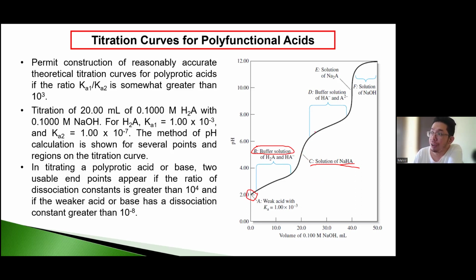And then after that, you'll have another buffer, wherein this time the components of your buffer will be HA- and the fully deprotonated conjugate base, which is A2-. And then you'll reach the second endpoint, then finally you'll have the post endpoint or beyond the second equivalence point.